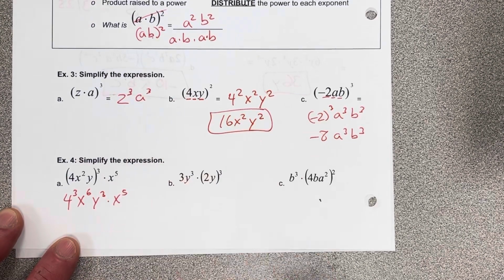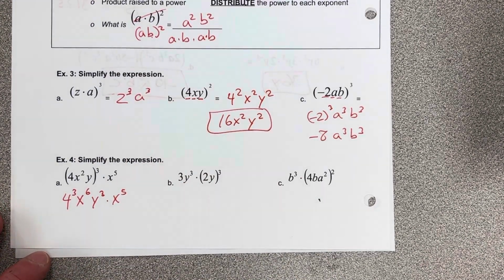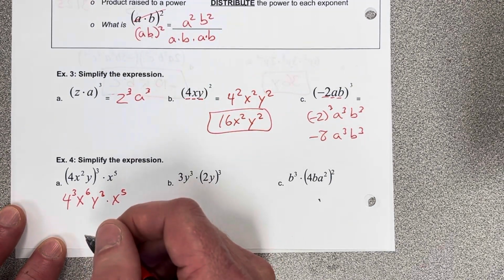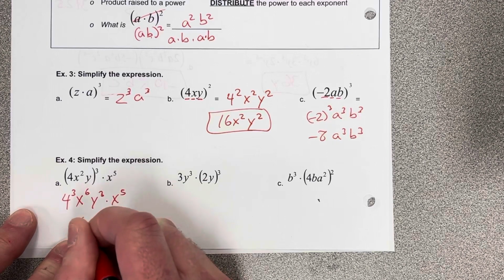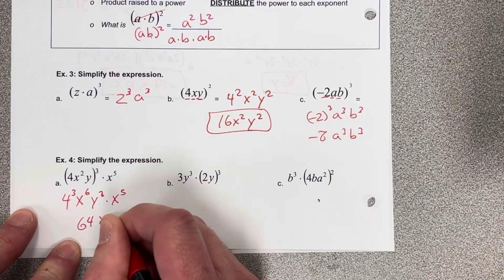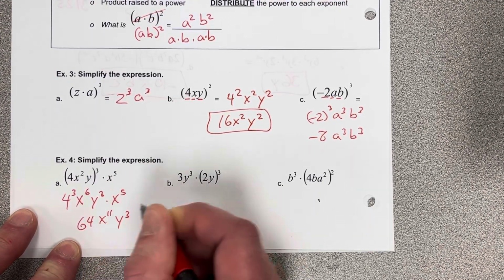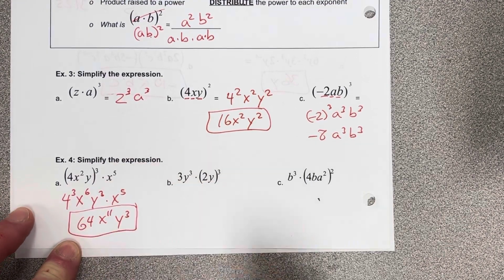And then finally, we got that x at the end there, and it will combine with the other x. So we'll get 4 to the 3rd power, which is 64, x to the 11th, y to the 3rd. And I feel pretty good about that.